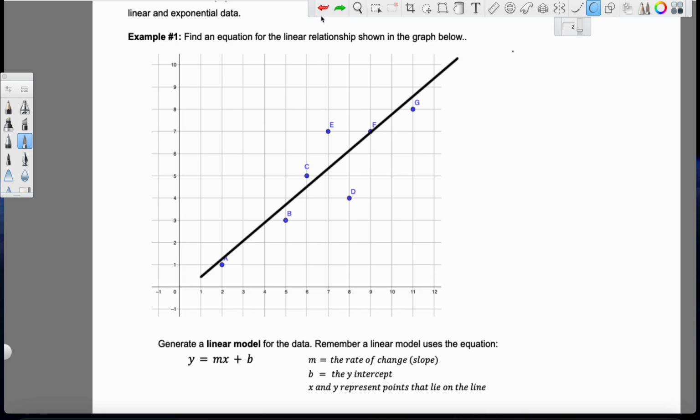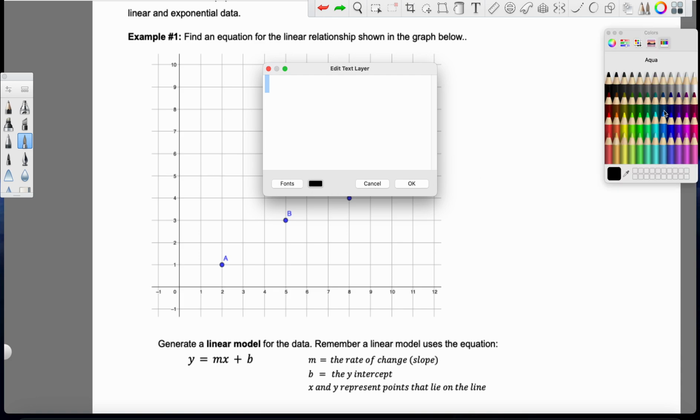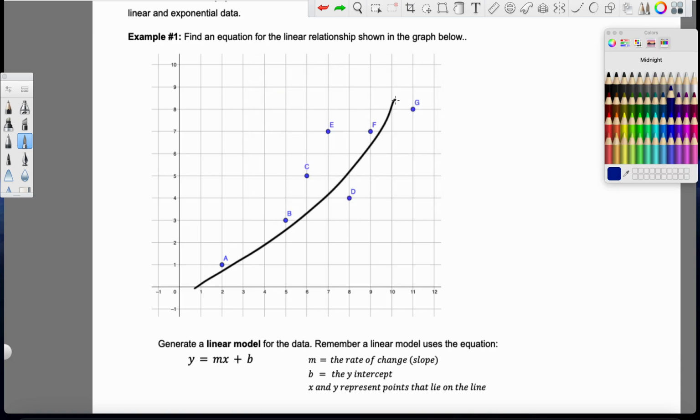It's a little bit harder for me using this app here. So let's try it again. Let's get a different color here. Maybe something like this.